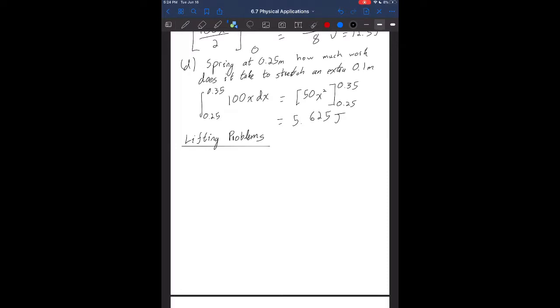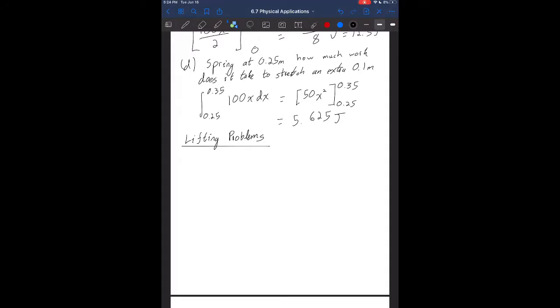The important thing here though is that your mass is changing over time, right? As you reel this chain up off the ground, less and less of it is going to be hanging, and so it's going to take less and less force in order to lift up, say, the second half rather than the first half.